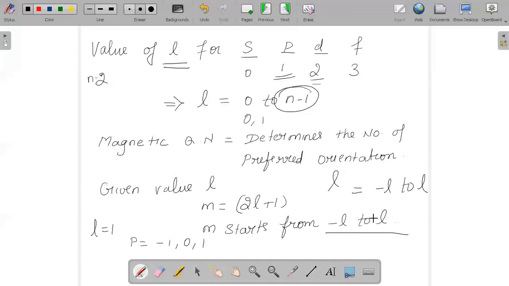Do not forget minus L to plus L, and 0 comes in between. Hence you have to consider 0 also for your magnetic quantum number.